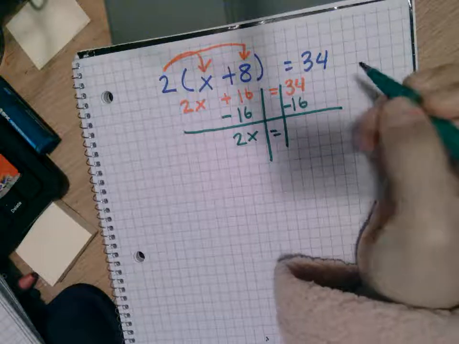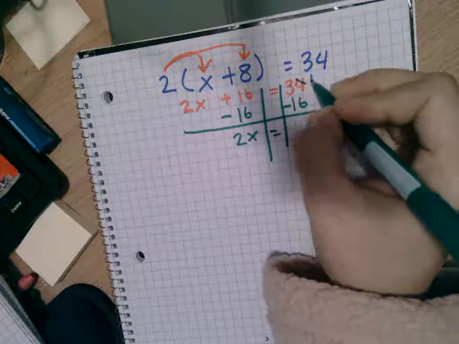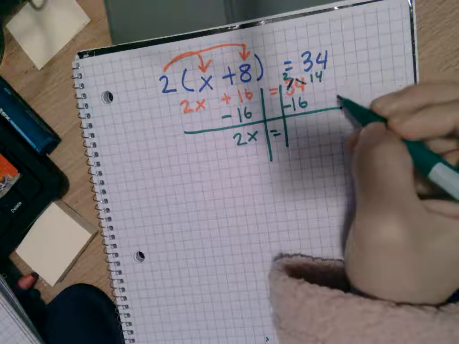What is 34 minus 16? Let's see, that becomes 14, that becomes a 2.